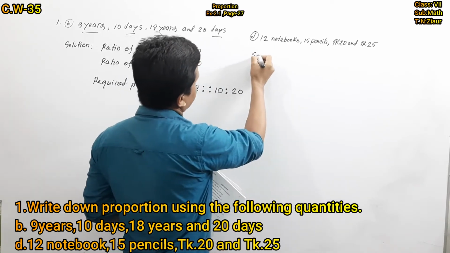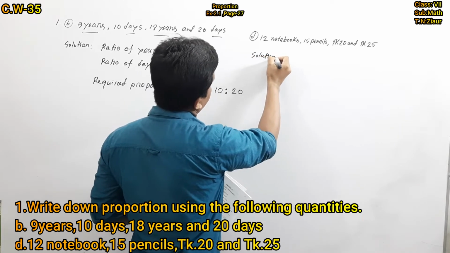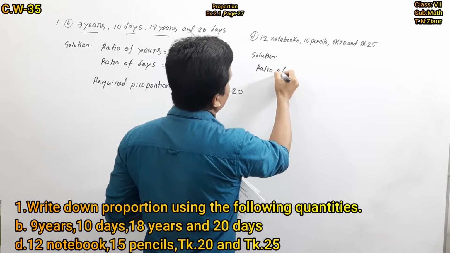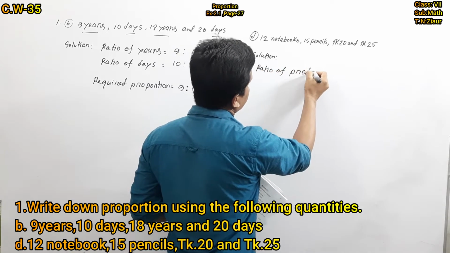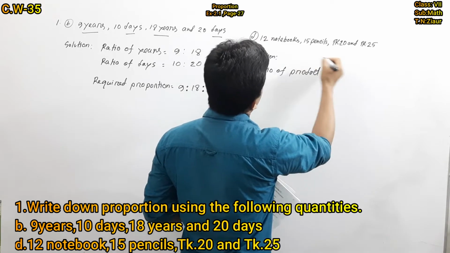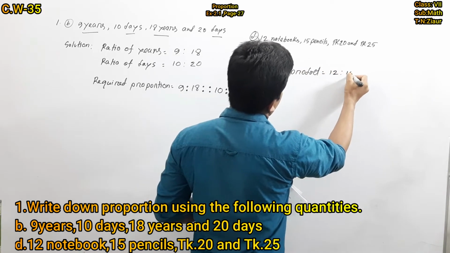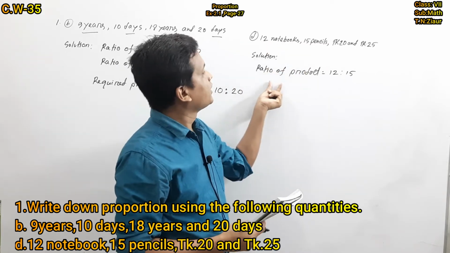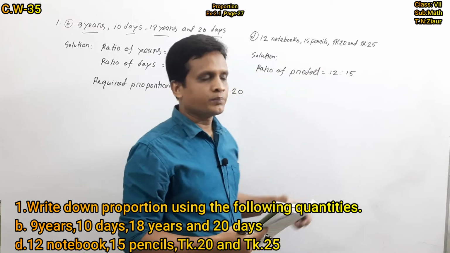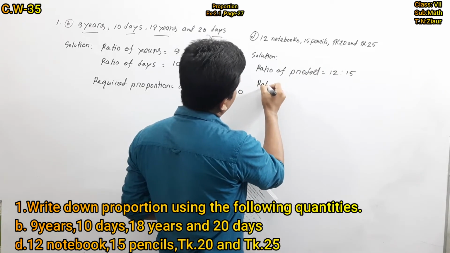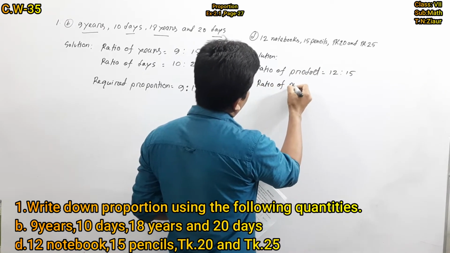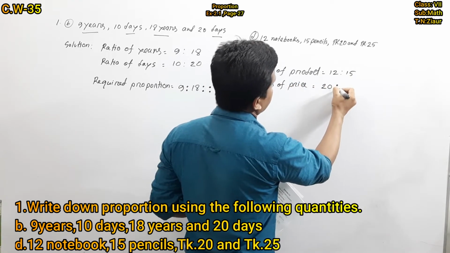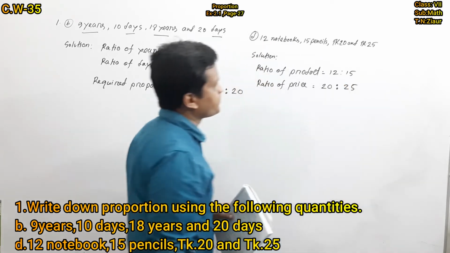So we can write here ratio of product equal to what? 12 is to 15, because these are the same things here. These are the product. And ratio of price equal to what? 20 is to 25.